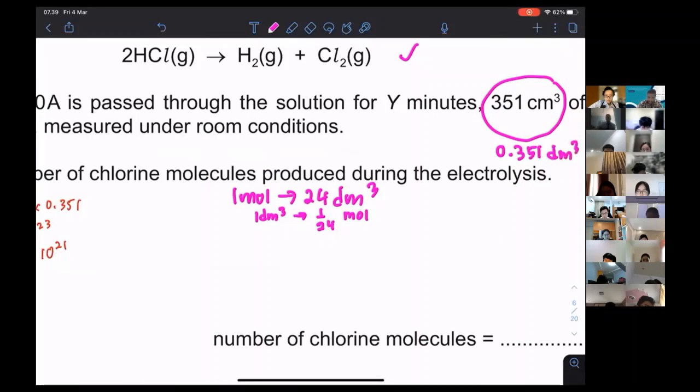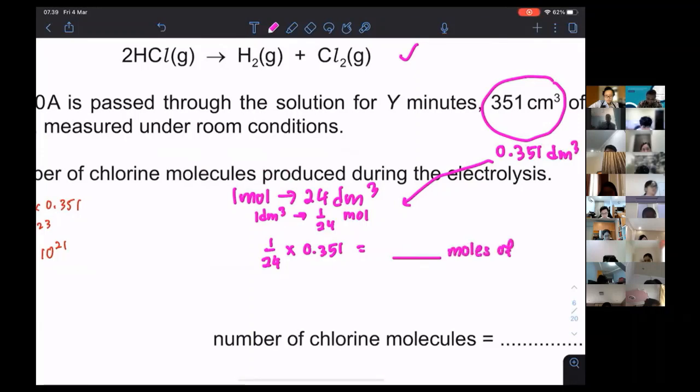So for this volume, how many moles? It is going to be 1 over 24, because 1 dm cube is that, so you just need to times with 0.351. You will get the number of moles of the chlorine molecules.